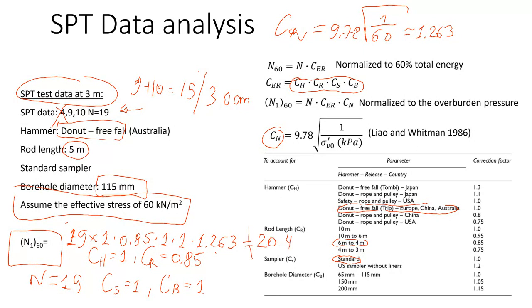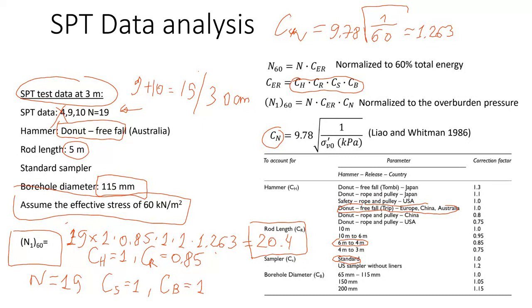So this is the value that we are going to use in week 5 to estimate the cyclic stress ratio of soil, and that will give us a good indication about whether the soil is susceptible to liquefaction or not. I'm going to teach you the procedure in week 5 on how to do that.